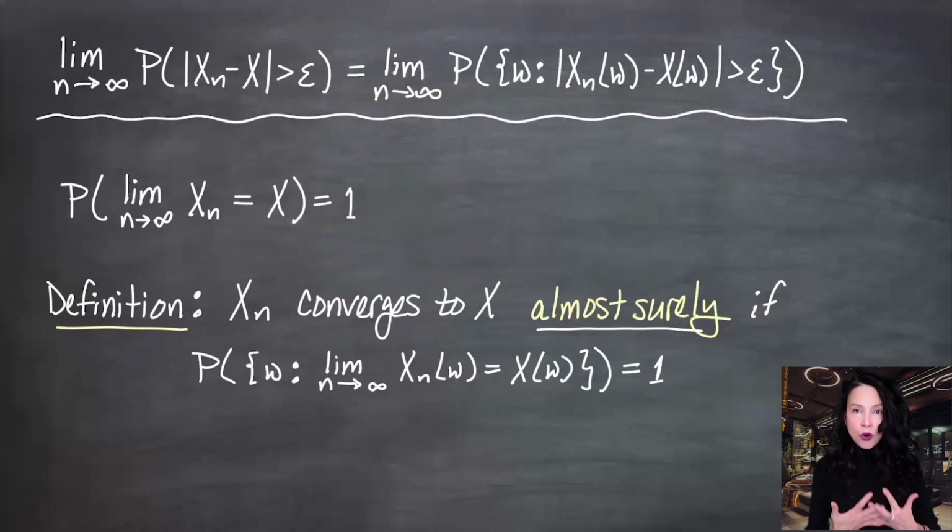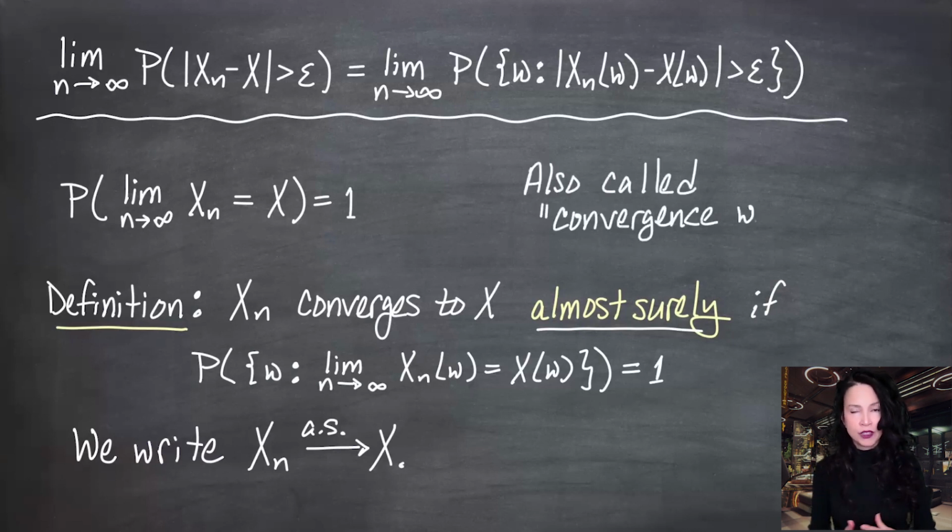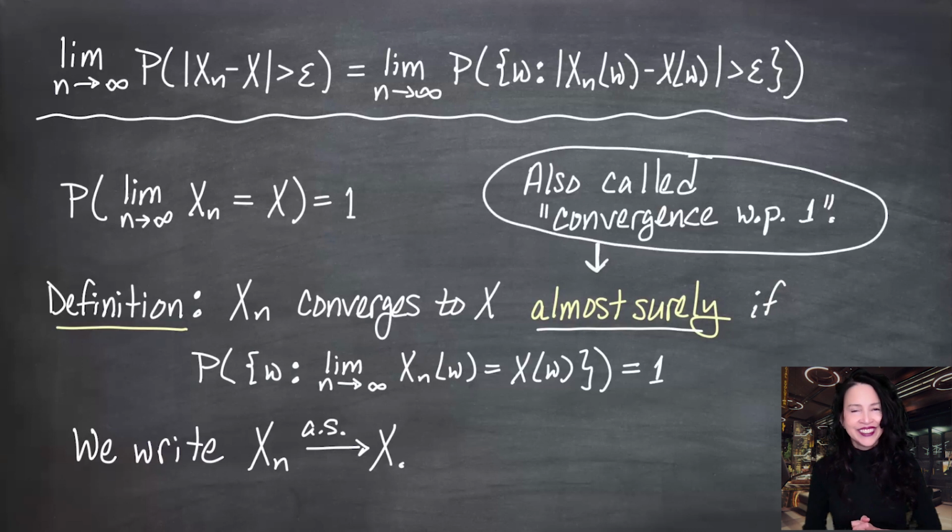And if that holds for all omega, or at least almost all, meaning everything except omegas on a set of probability measure 0, then that's how we define almost sure convergence, which is the same thing as almost everywhere convergence in a more general analysis or measure theory course not involving probability. If this happens, we write xn with an arrow going to x, and we put a.s. over the arrow for almost surely. And for the record, this is also called convergence with probability 1, which makes a lot of sense as well.